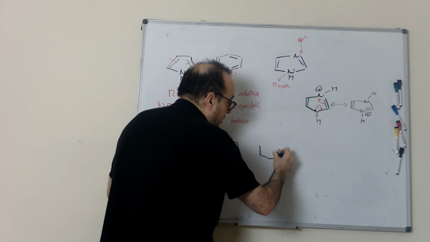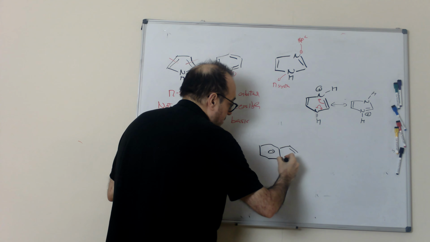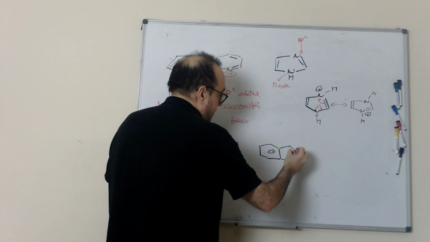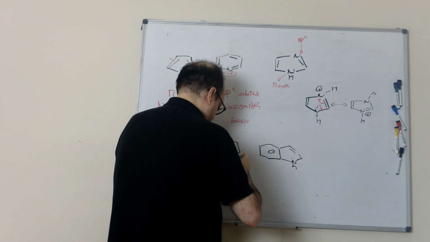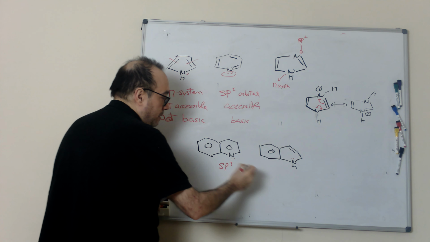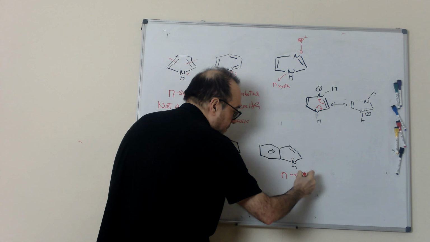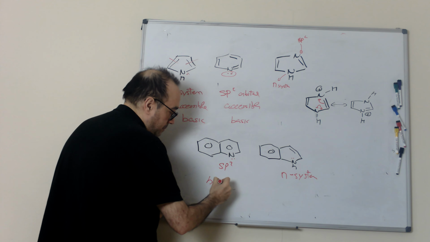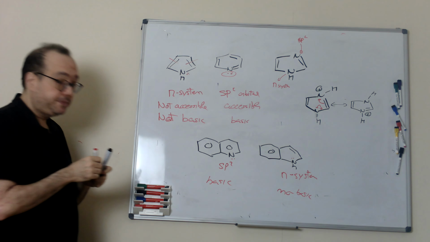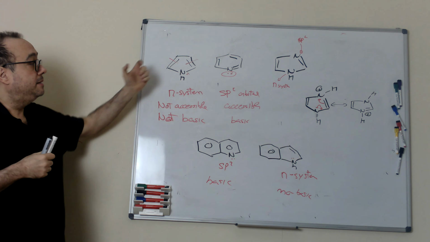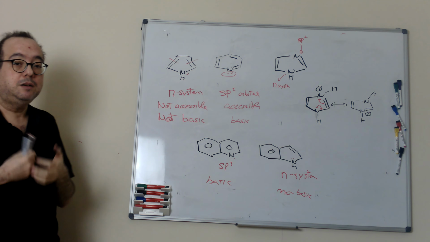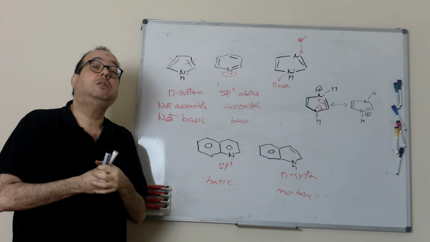In the case of indoles, this pair of electrons of the nitrogen are part of the p system, so it will not be basic. That means that by checking in which orbital the pair of electrons of the nitrogen is, we can say if one compound will be basic or will not be basic.